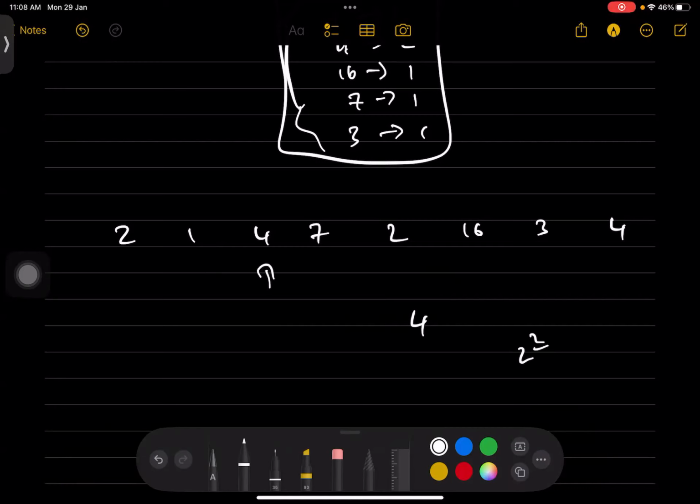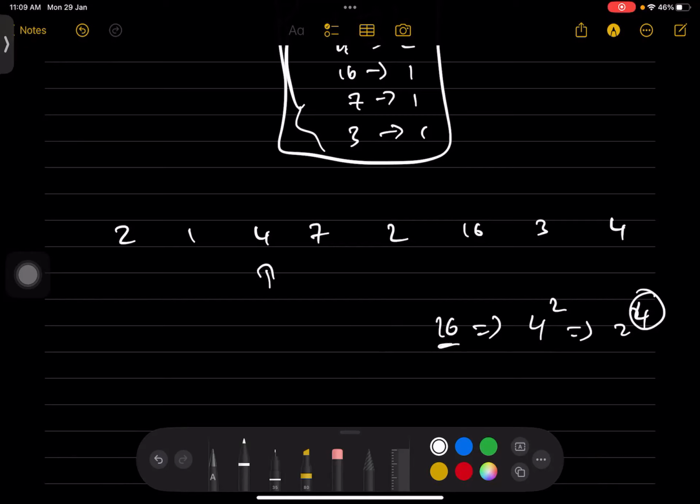So let's say if we have a number like 16, then we can definitely write it as 4 square, but it will be beneficial for us to write it as 2 power 4 instead, because 2 power 4 will give us more ways of expanding, right? And whatever this power is, that's basically just the root of 16, because only those two numbers, when multiplied with each other, will give 16, right?